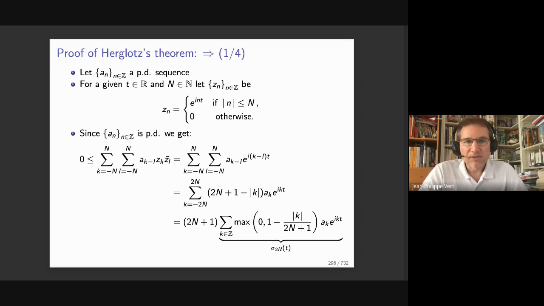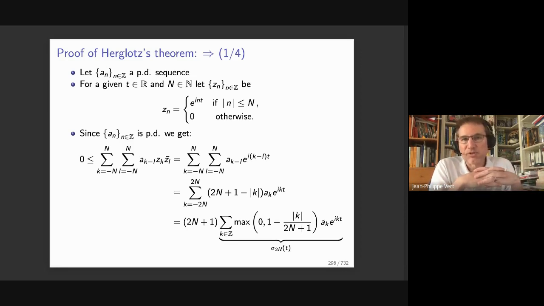So let's first quickly study how this equation is obtained. The fact that sigma 2n of t is non-negative is obtained by using the fact that an is a positive definite sequence, and by choosing a specific zn. There is a definition of zn, which is defined as 0 when n is large, or exponential int when n is smaller than a constant capital N. This is just a trick, a particular choice of zn.